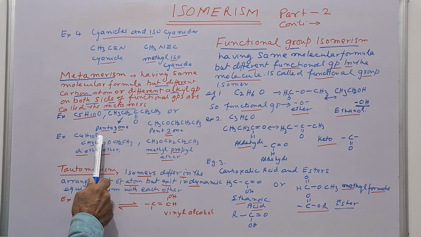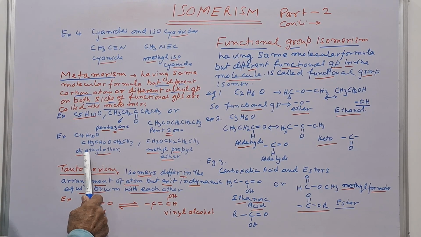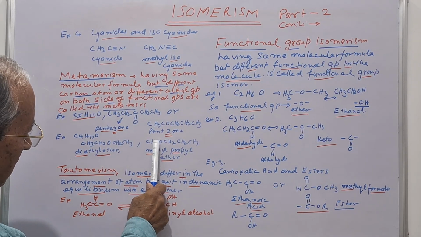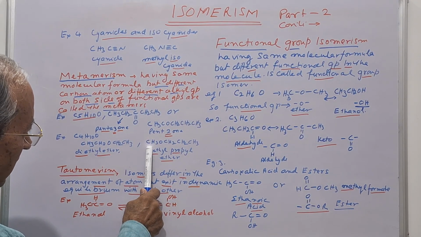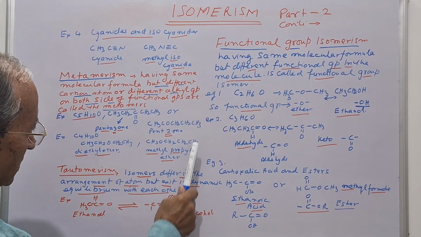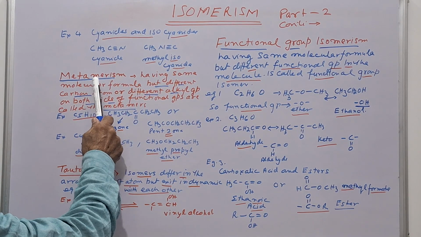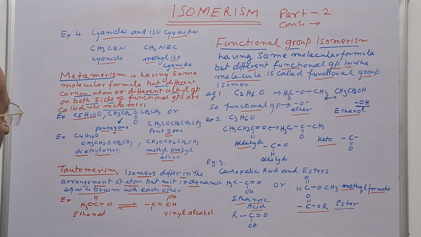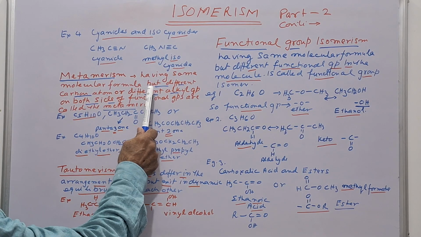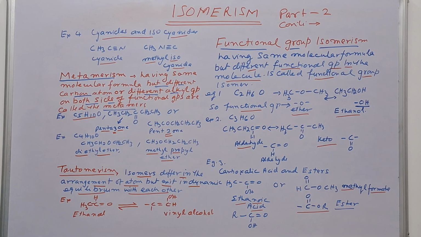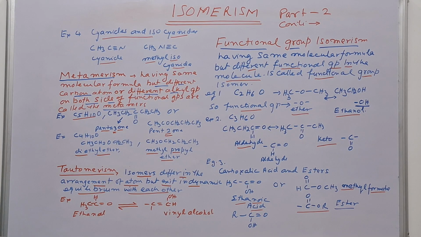Here it is diethyl ether, and here on the ether, on one side is the methyl group and on the other side is the propyl. So these are the metamers, which have the same molecular formula but different carbon atoms or different alkyl groups on both sides of the functional group.